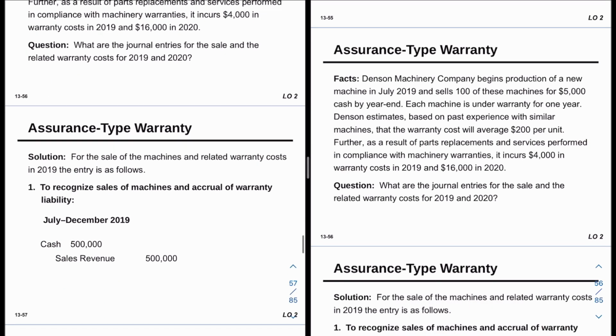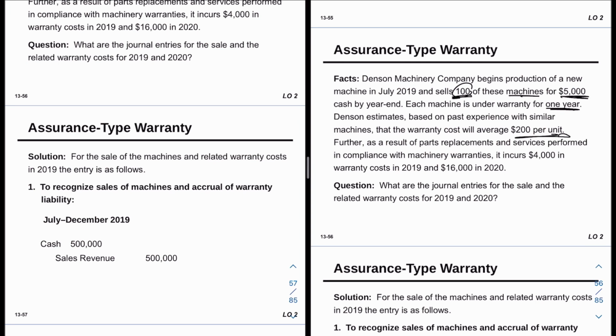Okay, so here we have Denison Machinery Company, which begins production of a new machine in July 2019 and sells 100 machines for 5,000 cash each by year end. Each machine is under warranty for 1 year, so the warranty is only for 1 year. Denison estimates, based on past experience with a similar machine, that the warranty cost will average 200 per unit. So they were estimating based on past experience that it will cost them 200 per unit, and remember we have 100 machines.